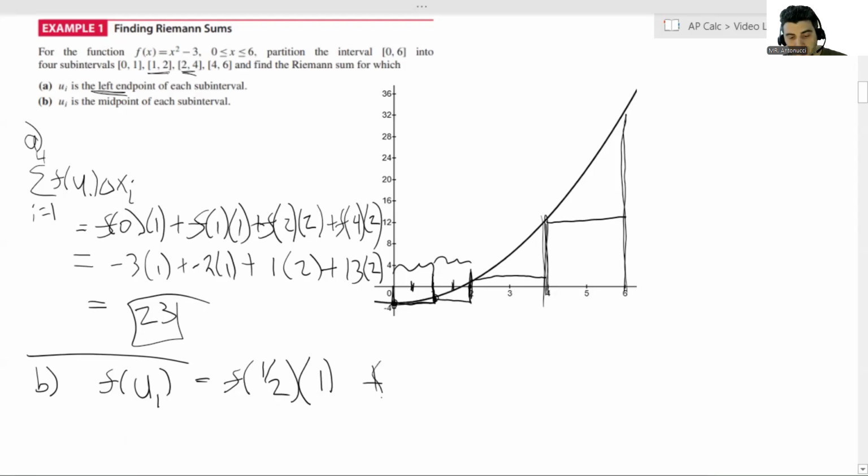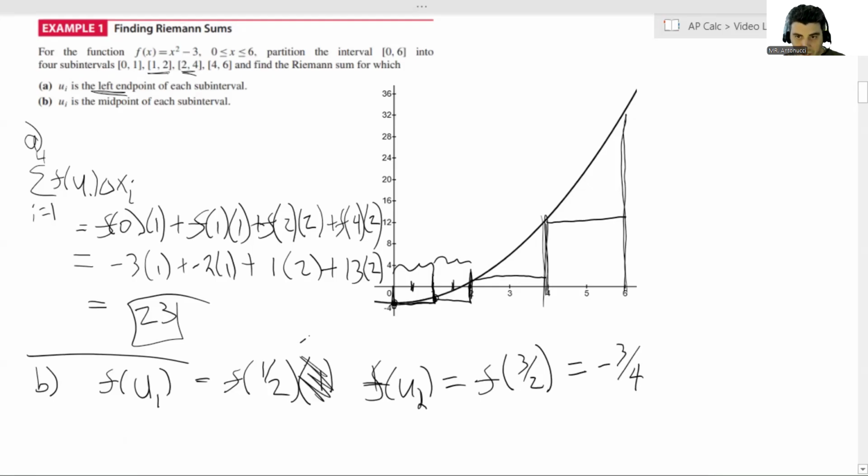So f of u sub 2 is going to be f of 3/2, which in this case, if we evaluate the function, would give us -3/4. Let me not multiply this by 1 just yet. I want to get the actual function value at 1/2, which is going to be -11/4.